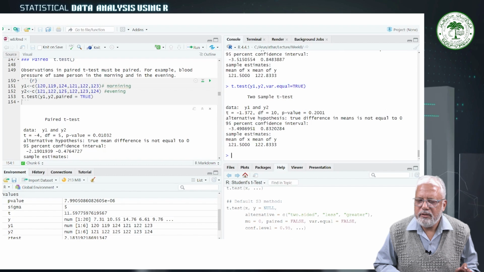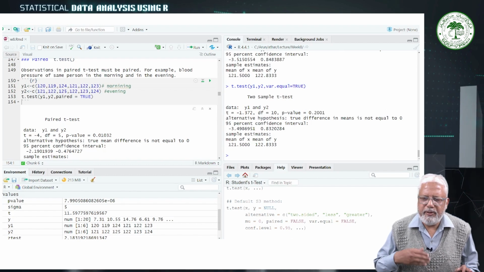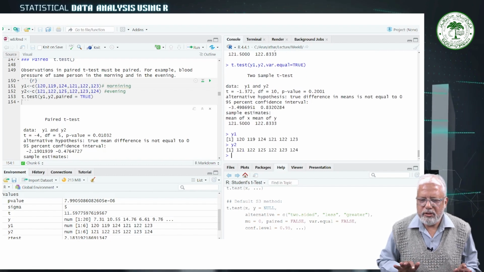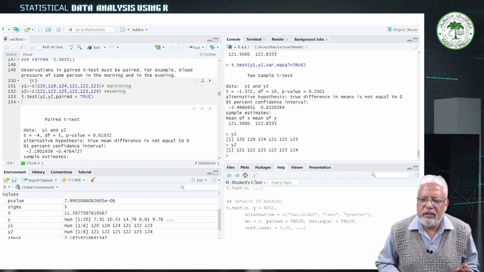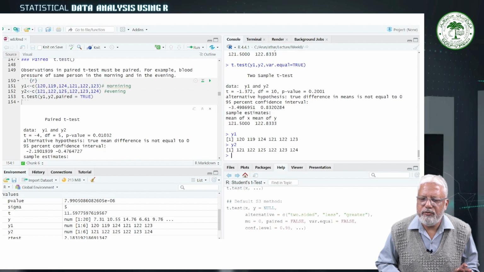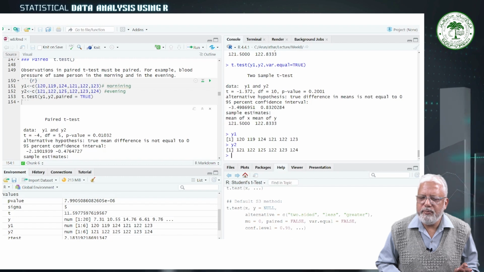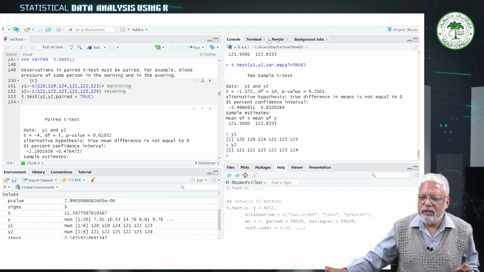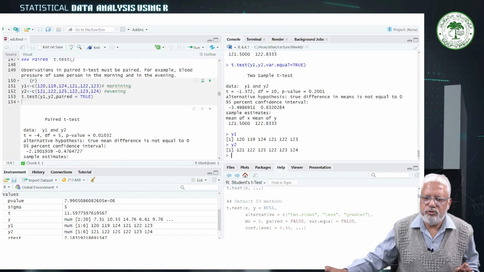So this is not being rejected, this is being accepted. It depends upon what data, because y1 is this one, y2 is this one. Here our t value is minus 1.37, degree of freedom is 10, and p value is 0.20. So that means we are not rejecting, it is not less than 0.05. So that's why we are not rejecting the H0 mu1 is equal to mu2.